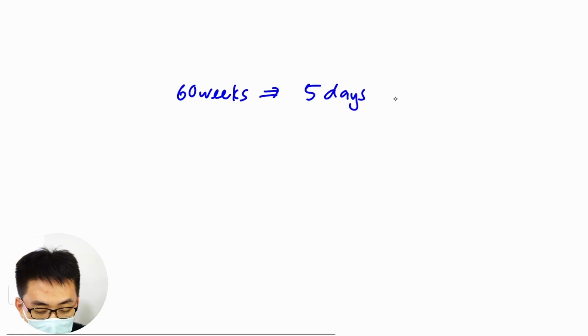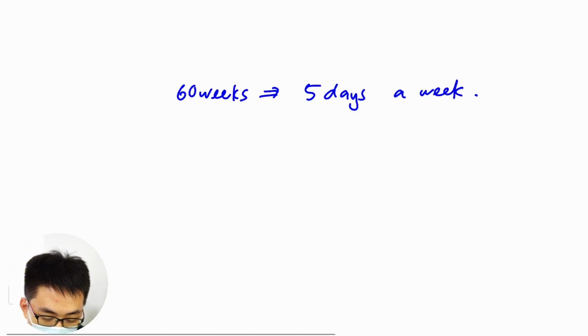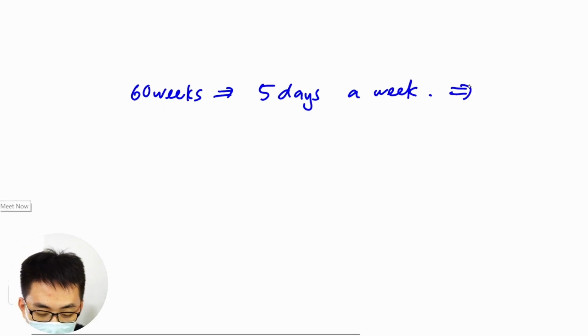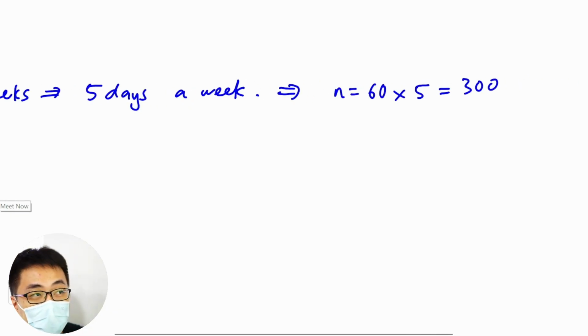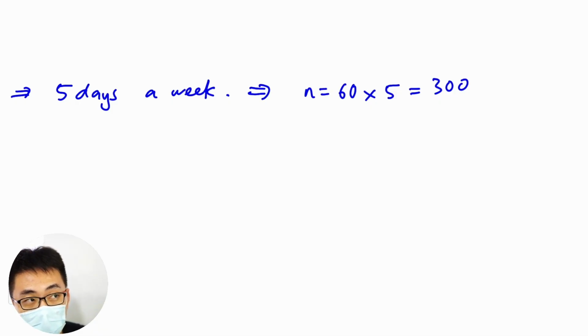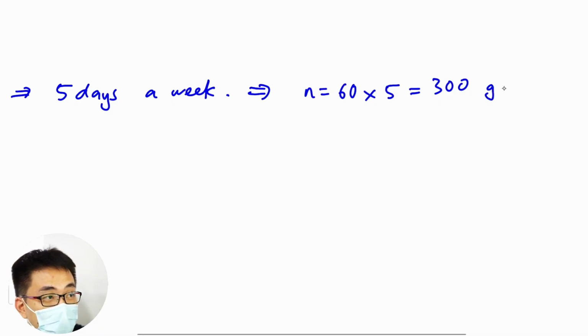So it's this one here. You have a 60 week period. Each week you have 5 days a week of the game show. Okay. So essentially, n will be what? 60 times 5, which is 300. You don't care about the weeks. Essentially, you have 300 game shows.